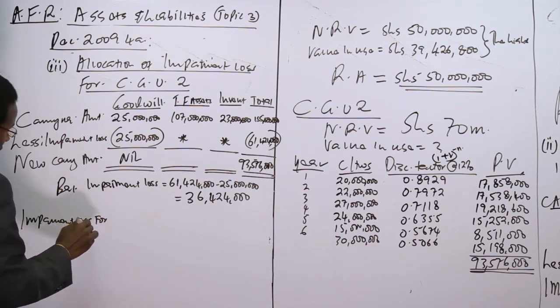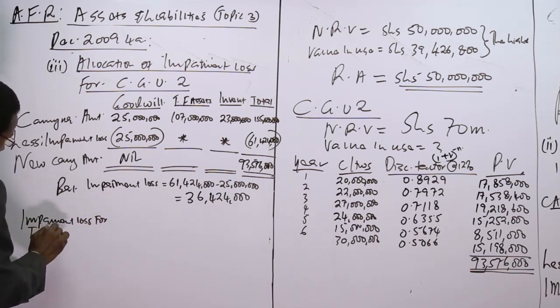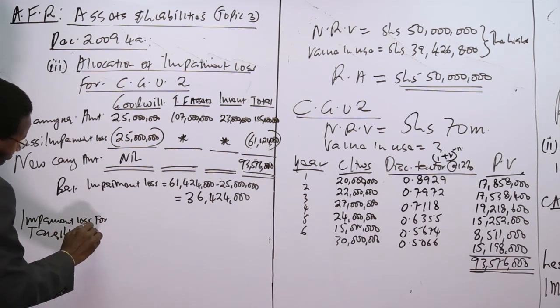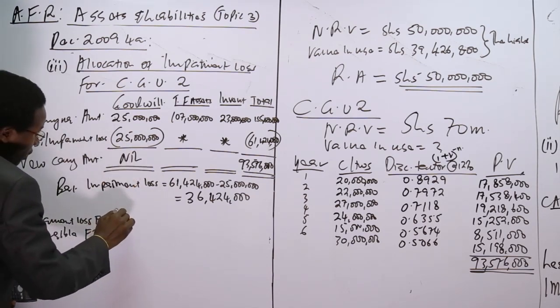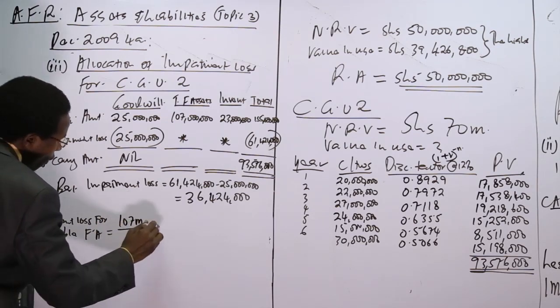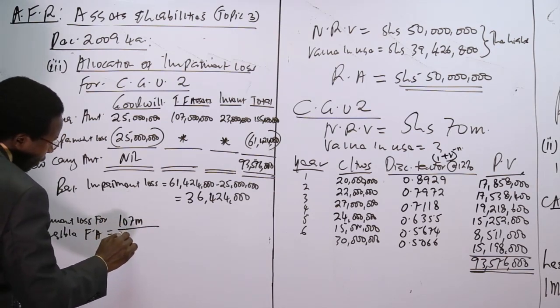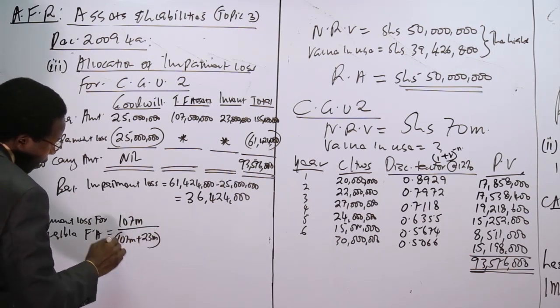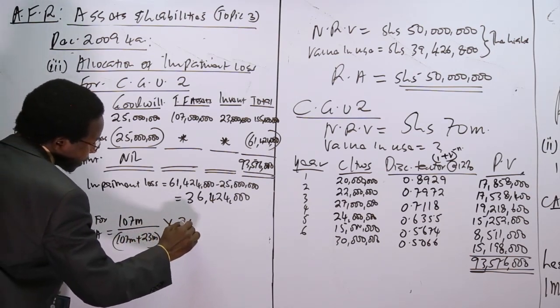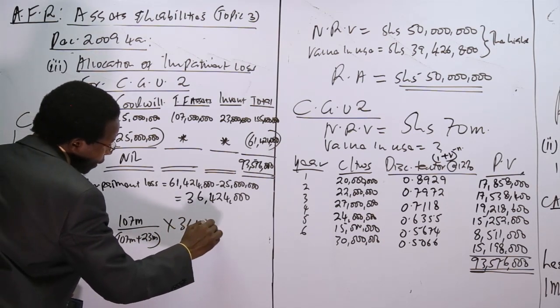Then the impairment loss for tangible fixed assets will be, the weight will be 107 million over the sum of 107 million plus the 23 million. Then we multiply by that 36,424,000.